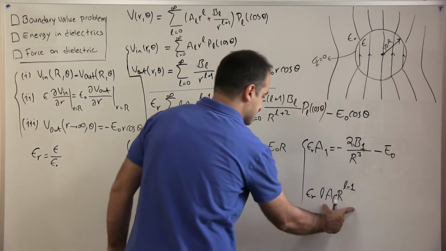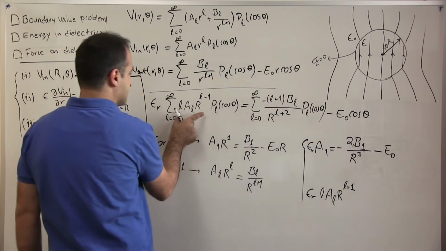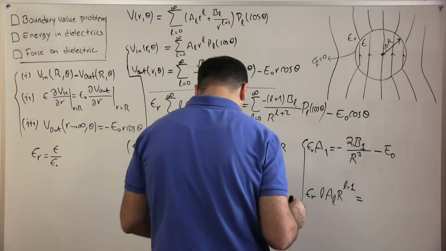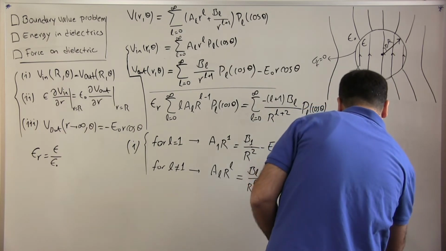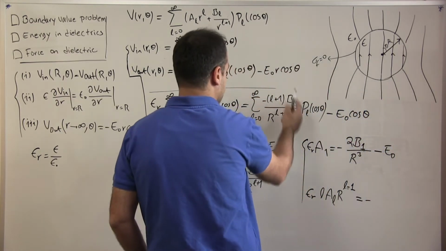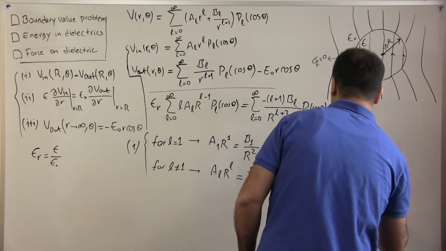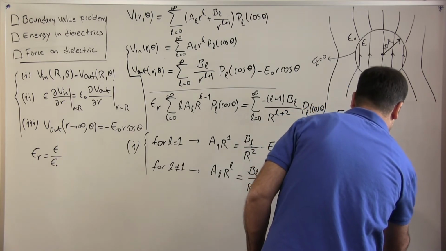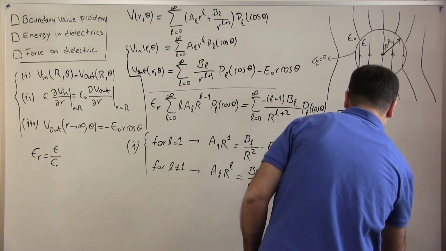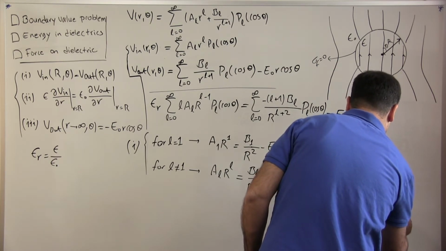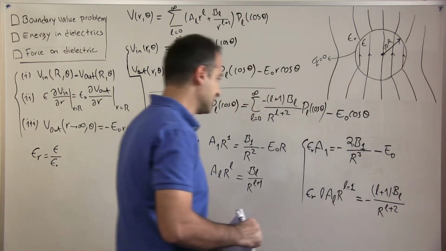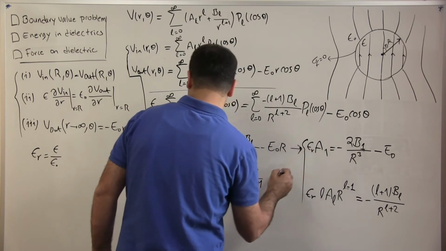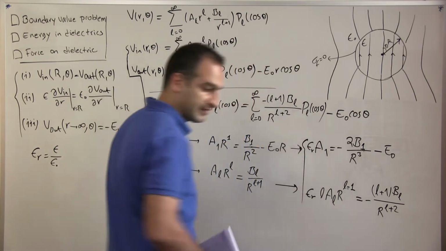The whole terms here are basically the terms here, and that is equal to negative of the terms here, which is negative of (L plus 1) B_L over R to the L plus 2. Again, this follows this. This is for L equals 1. This is for the rest of the L values.